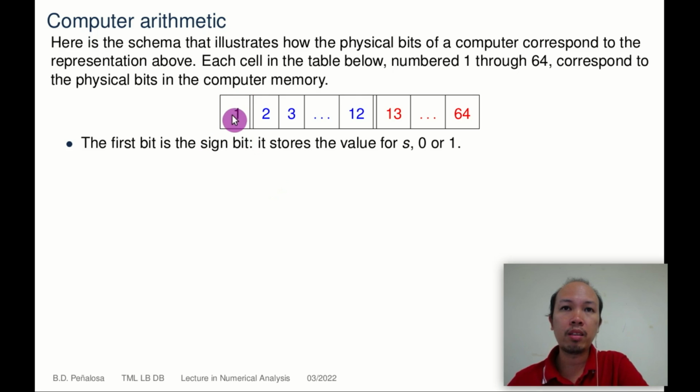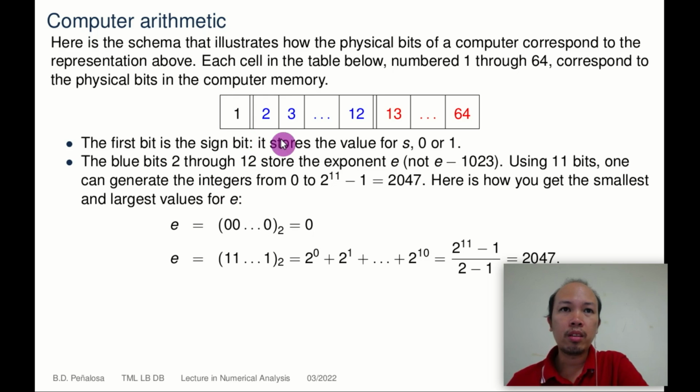Next, look at the blue bits, from 2 to 12. As you have noticed, there are 11 boxes in blue. These blue bits represent the exponent e, not e minus 1023.